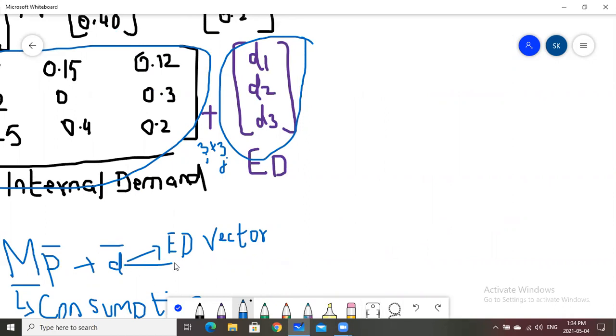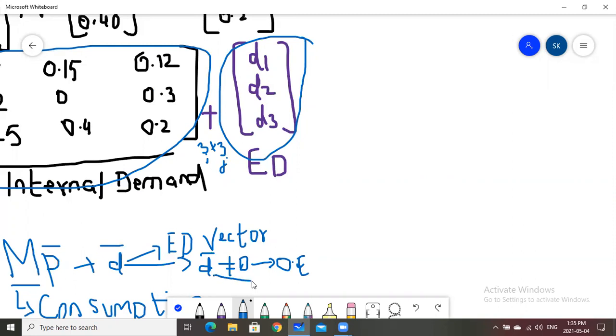Now this D bar is not equal to 0 when we are concerned with an open economy. When we are studying the example of an open economy, then D bar should not be equal to 0. That is, there should be external demand.